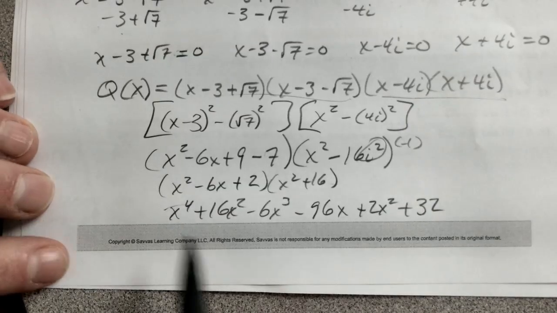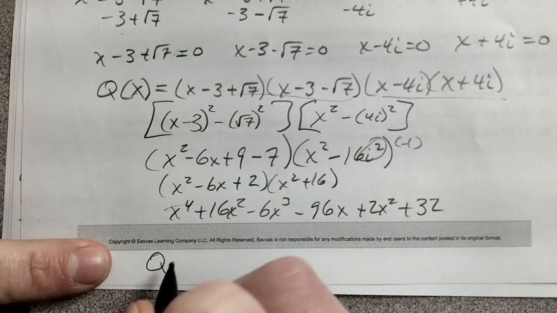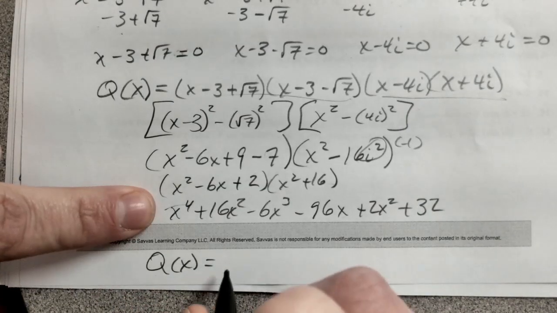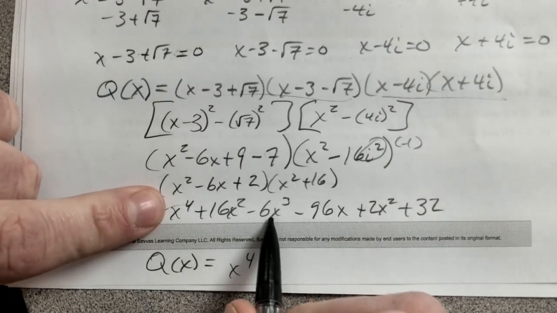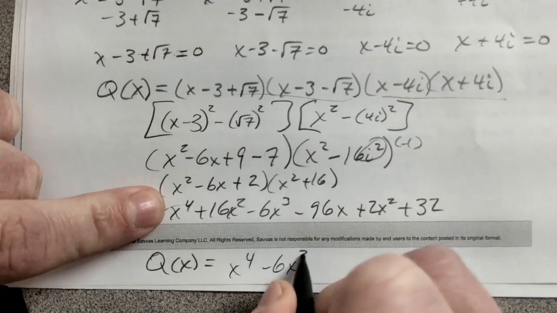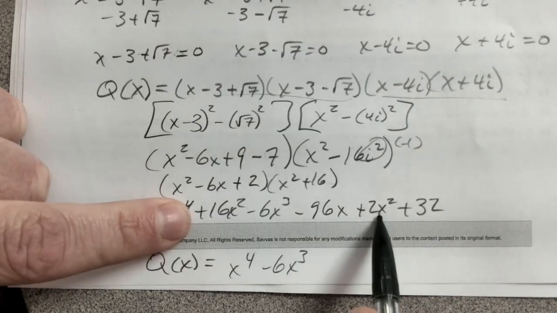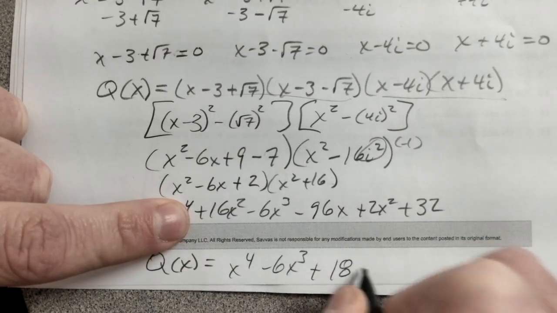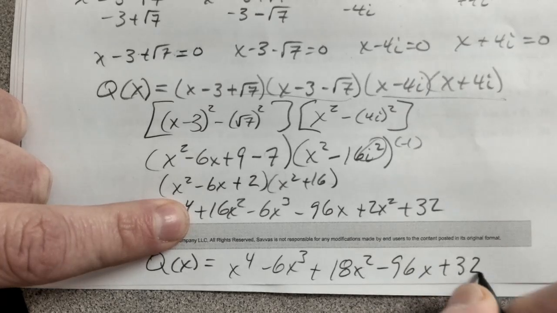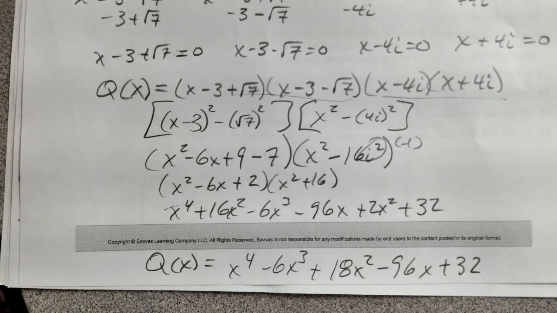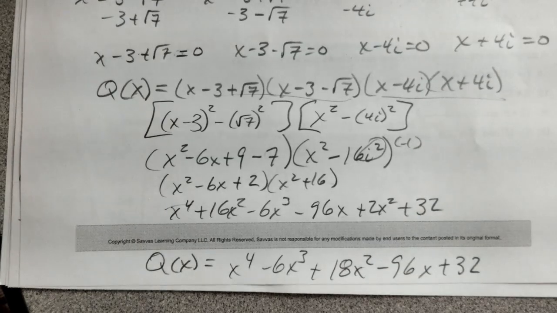To clean all this up, I've got to use my space down here. So q of x is x to the 4th, that's my degree, the 4th degree, yay. Minus 6x cubed. 16 plus 2 is a grand total of 18x squared, minus 96x, all that plus 32. There's my polynomial. Not bad at all.